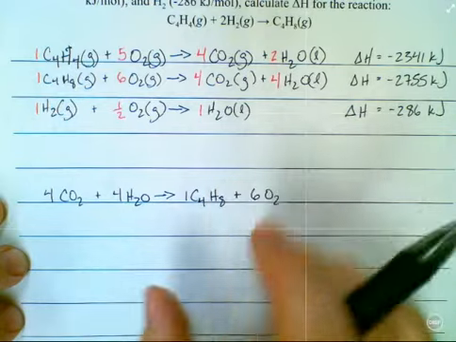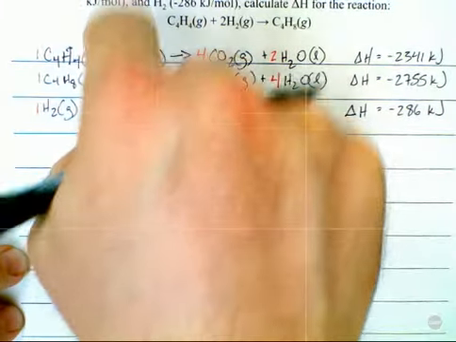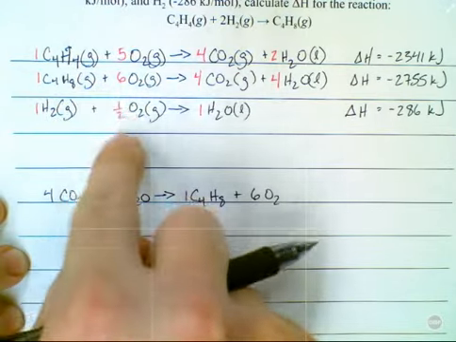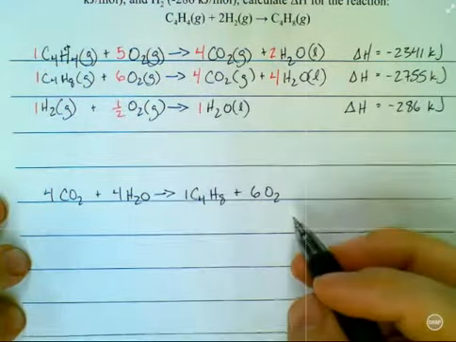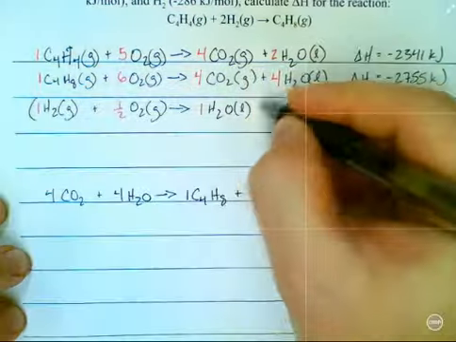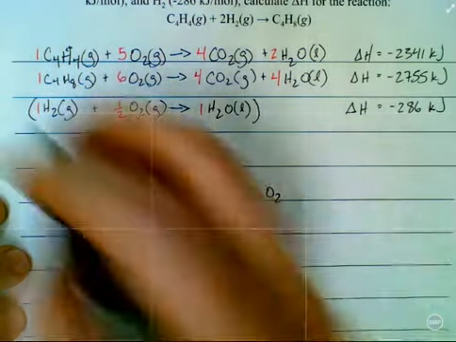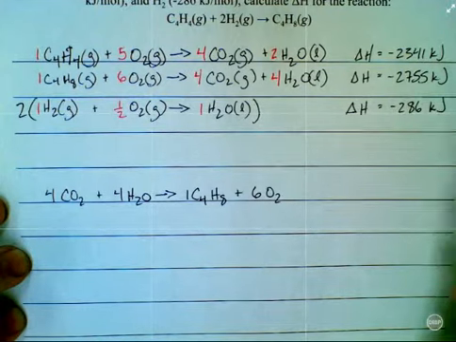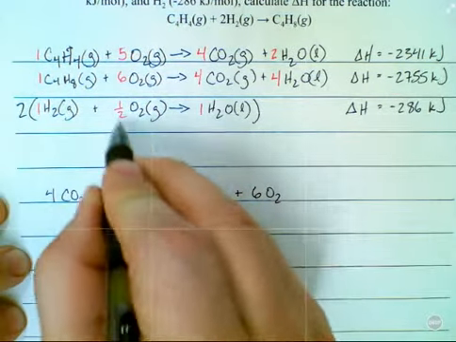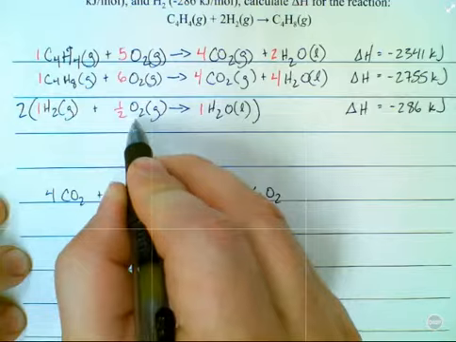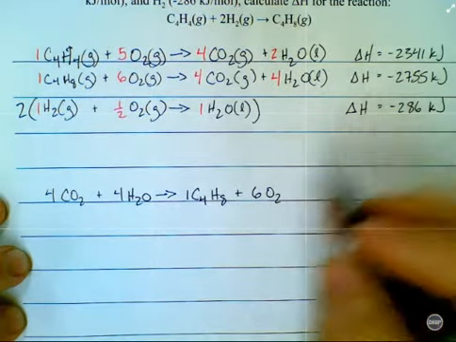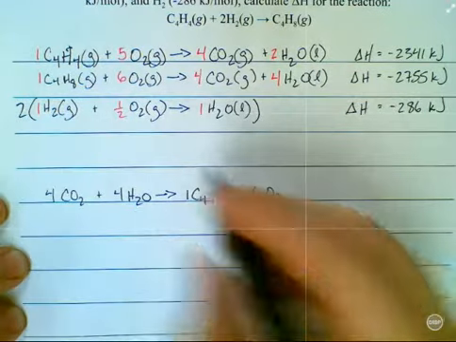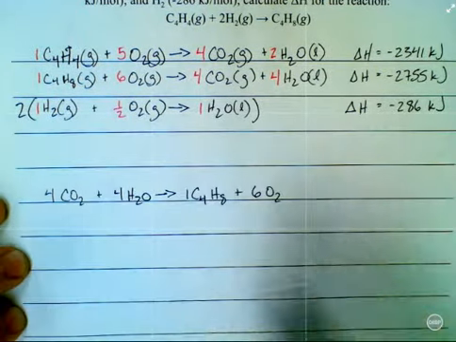I would be able to cancel them out if I had 6 O2s on the reactant side, but I don't have 5.5. However, if I double the amount of action going on in that reaction, I'll have 2 H2s, 1 entire O2 molecule, and that would give me 6 O2s overall. So there would be 6 O2s on the reactant side, 6 O2s on the product side. I would be able to cancel that out.